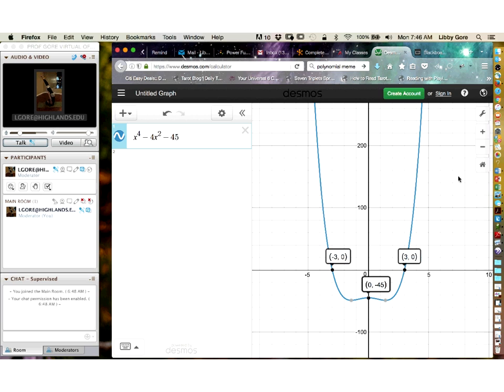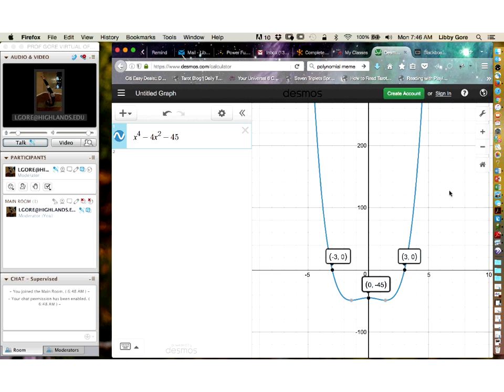Notice I do not have an x-intercept of positive or negative i square root 5. Because remember, the imaginary zeros do not show up on the graph of the polynomial function. We learned that when we were studying the quadratic function.